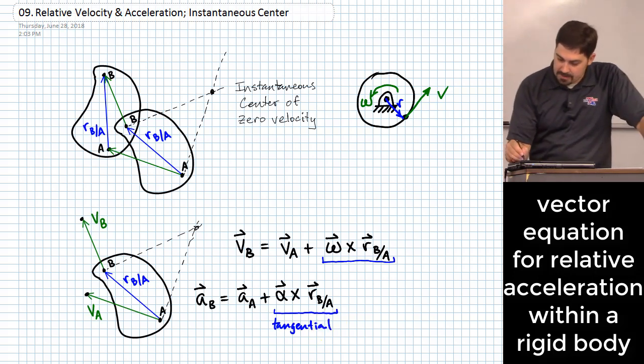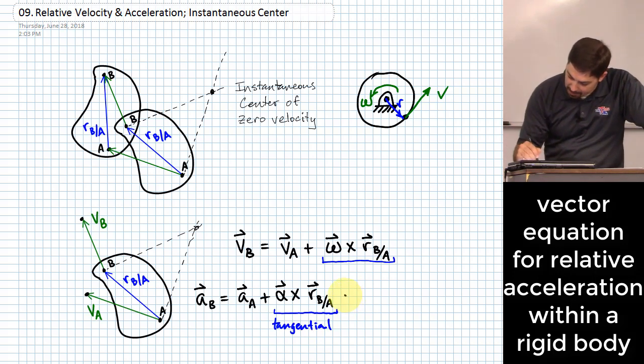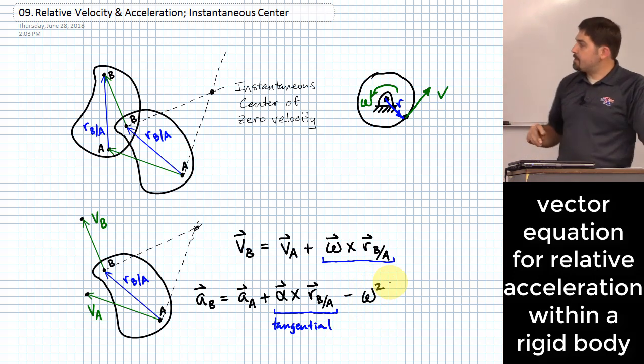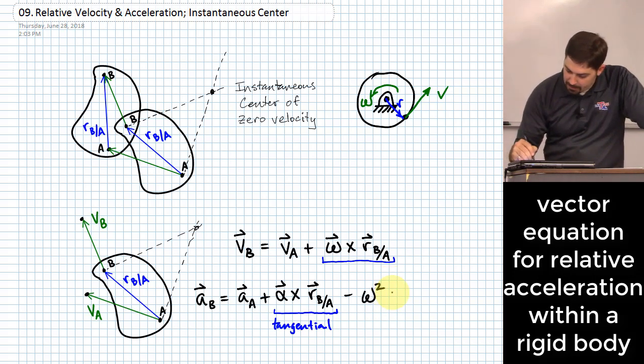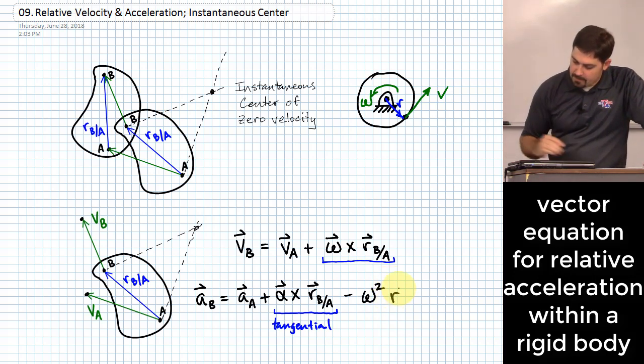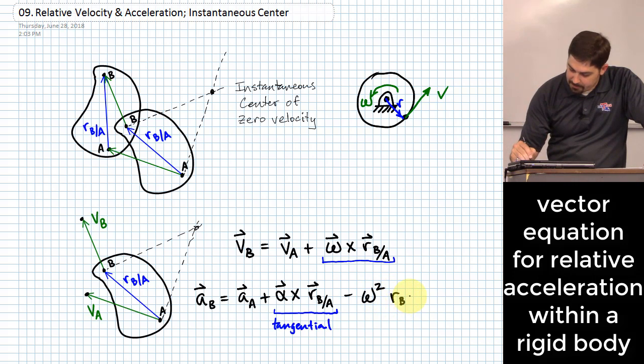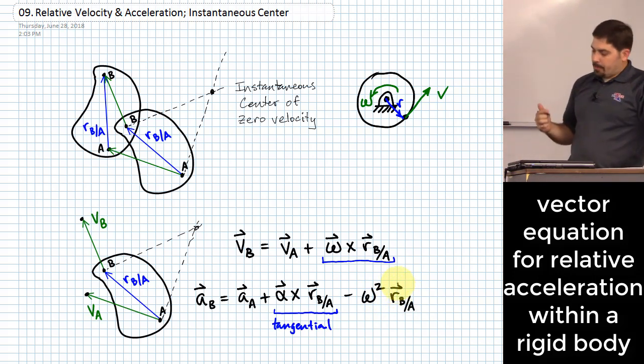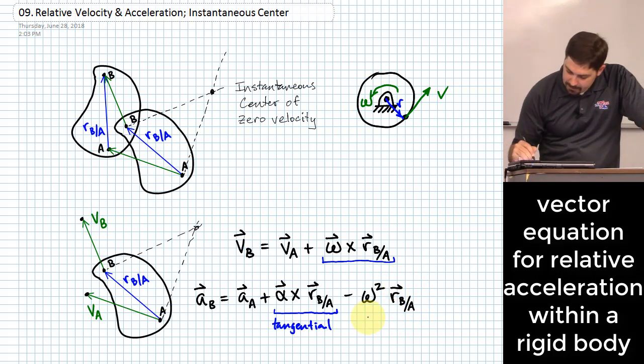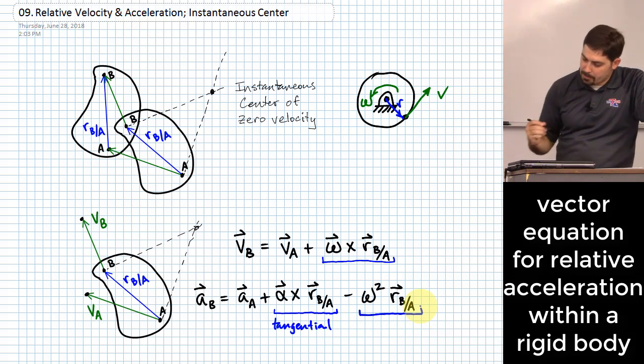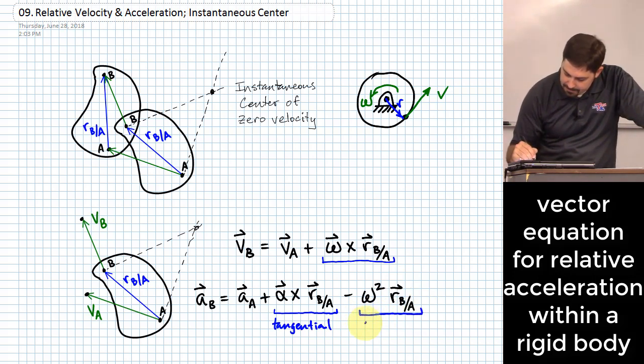And so we subtract off omega squared, the scalar value of the angular velocity squared, multiplied by the position vector of B with respect to A. Okay, so there's a couple things I want to say about this. First of all, we can think of this as a normal or centripetal component of acceleration.